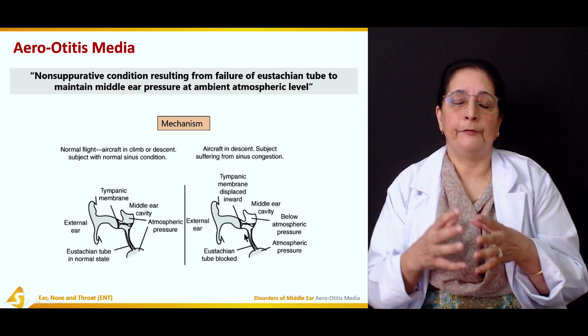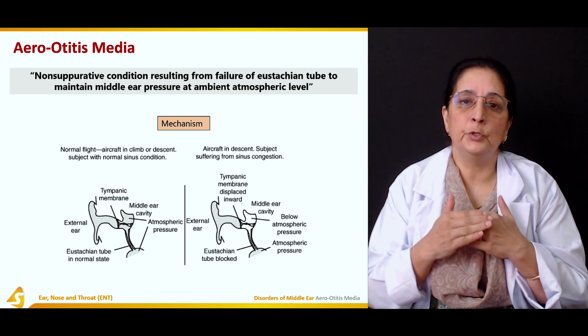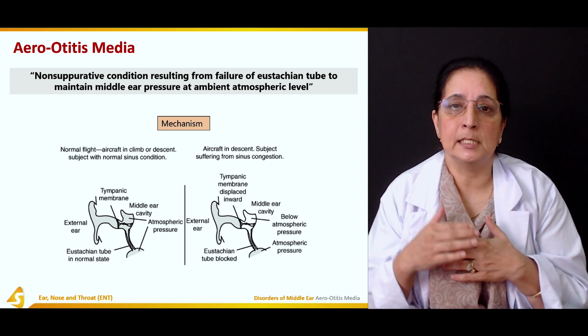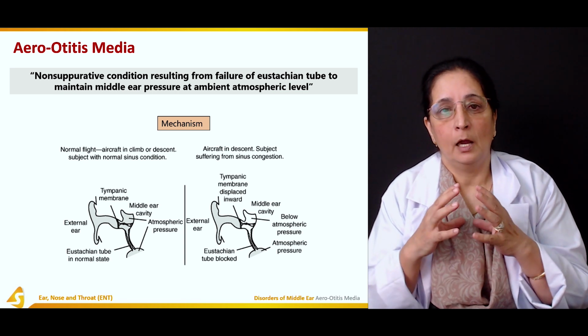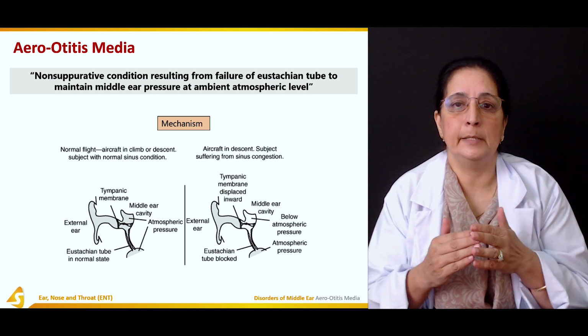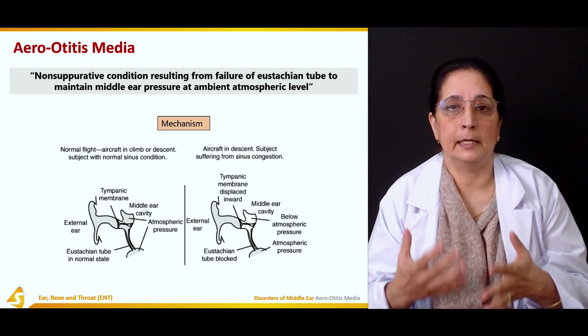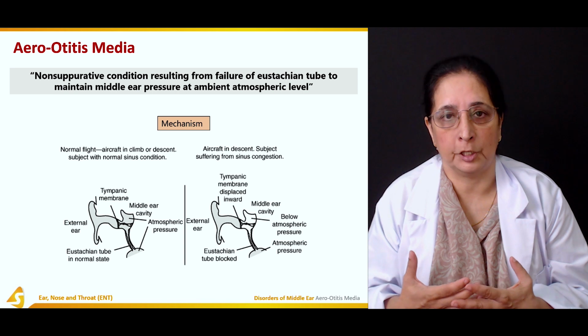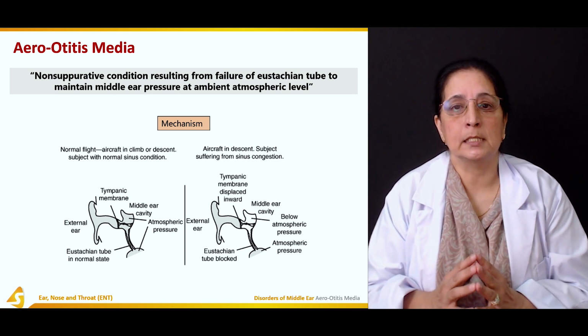So that's the difference between the two conditions: one in which the eustachian tube is patent and normally functioning, maintaining the pressure of the atmosphere in the middle ear. In the other, it's not functioning, which can cause negative air pressure, and this can lead to Aero-Otitis media.